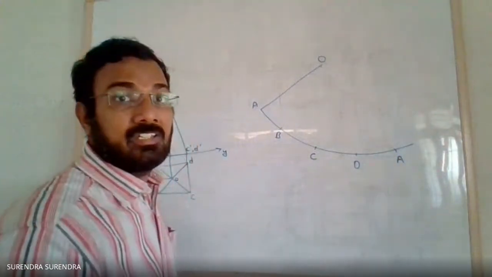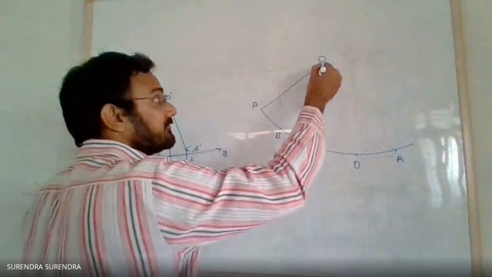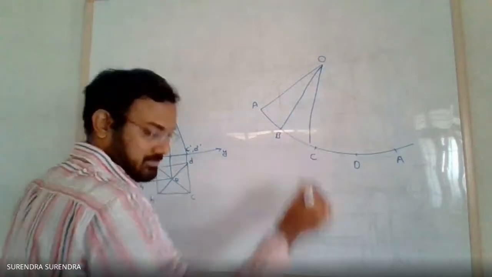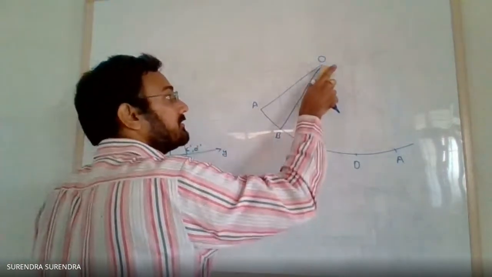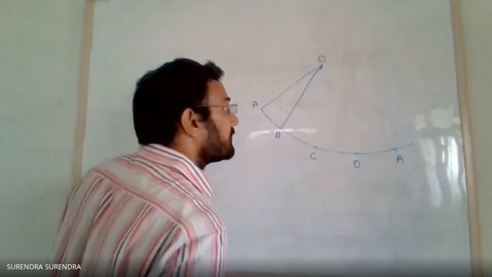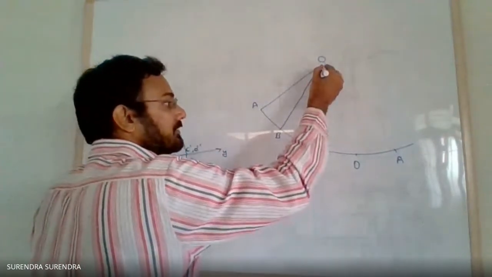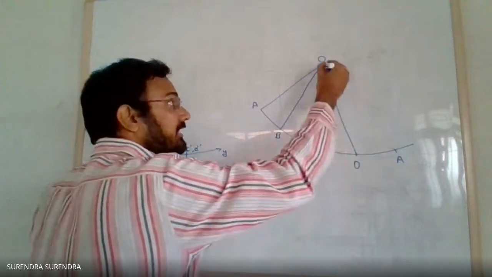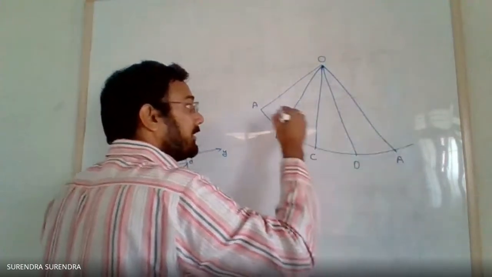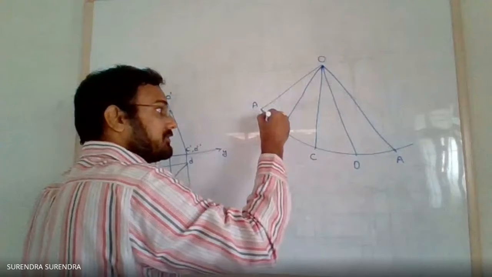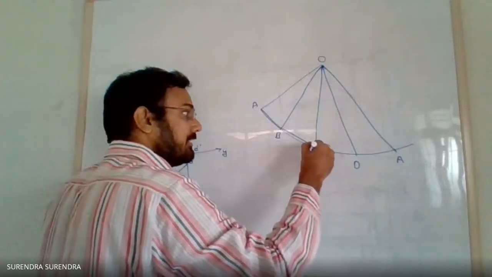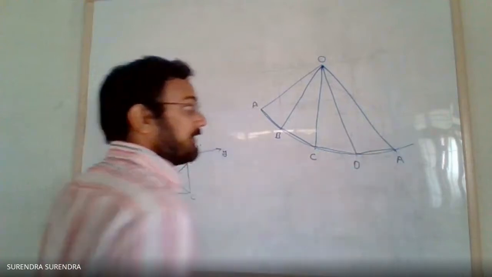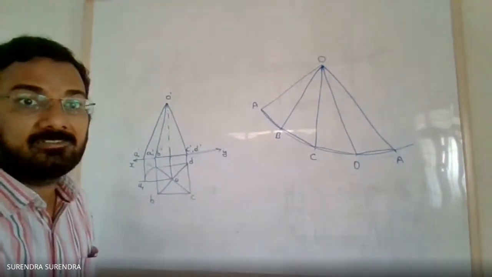We get point A. Join OB, OC, OD, and OA. At the same time, join AB, BC, CD, DA with the straight edges.